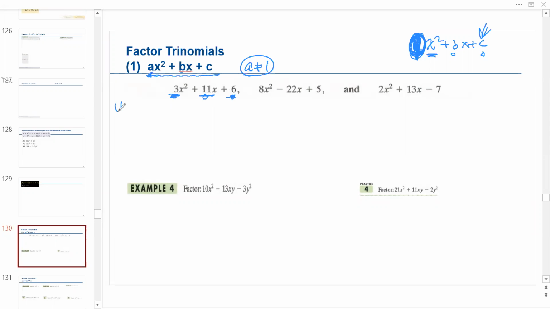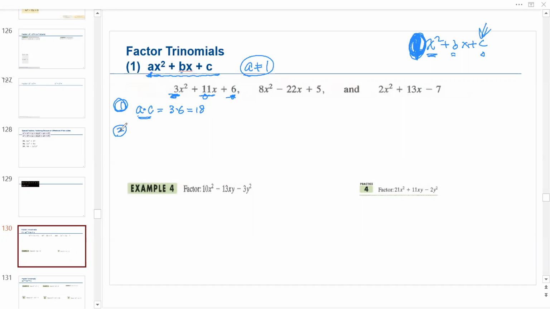So first step, we find a times c, the product of them. Here the product is what? 3 times 6, so here equals 18. First step is 18. Find a times c.